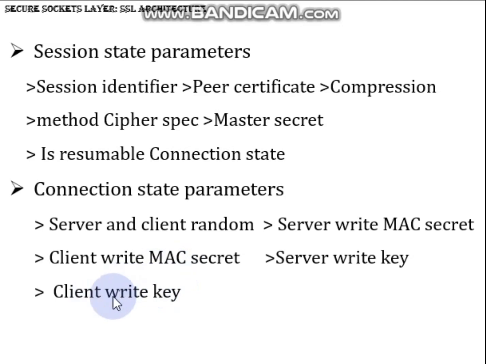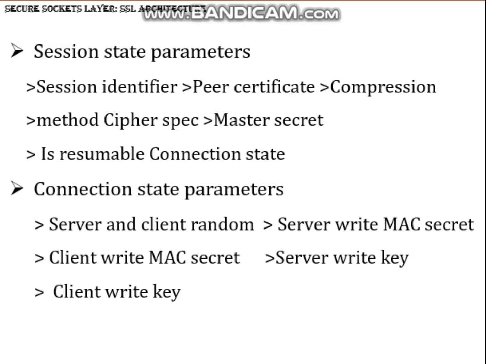Initialization vectors, which is not present in this slide. When a block cipher in CBC mode is used, an initialization vector is maintained for each key. This field is first initialized by the SSL handshake protocol. Thereafter, the final cipher text block from each record is preserved for use as the initialization vector with the following record.